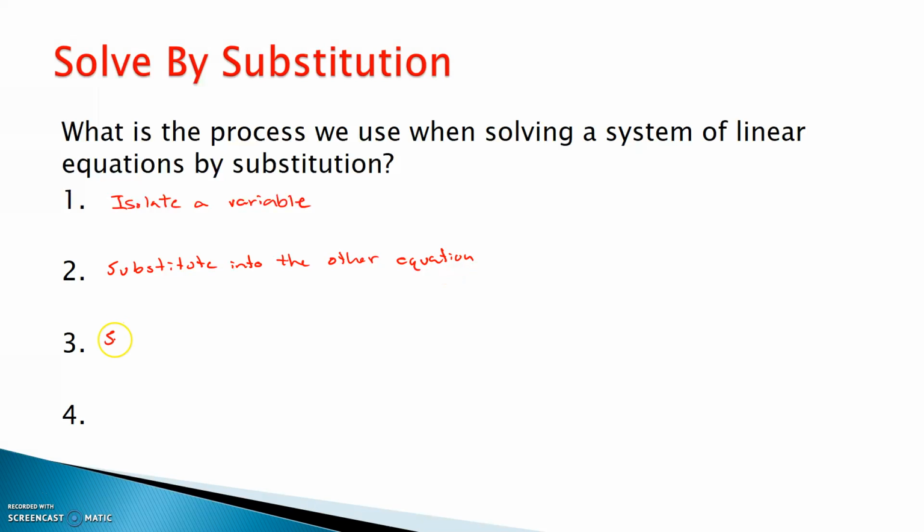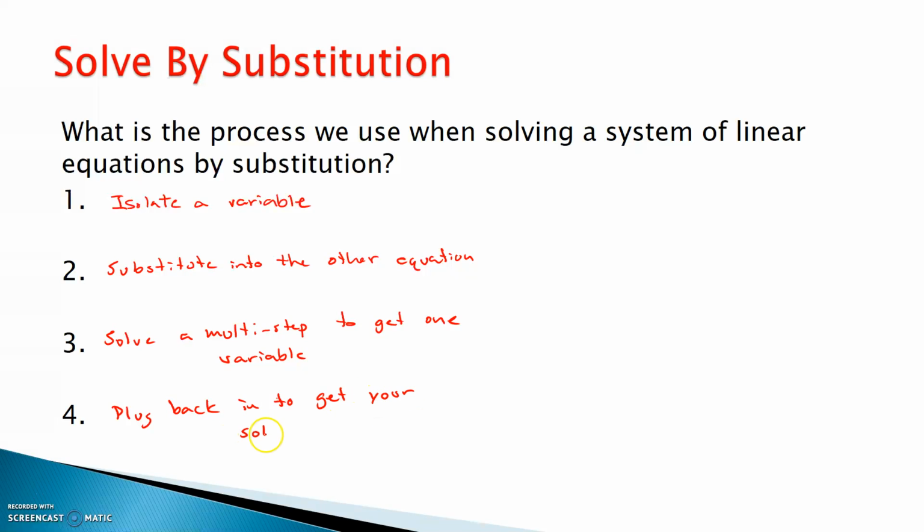And then you're going to have to solve a multi-step equation, distributing and combining like terms, to get one variable. Again, that's just going to give you your x or your y. And then you have to plug back in to get your solution, x, comma, y.